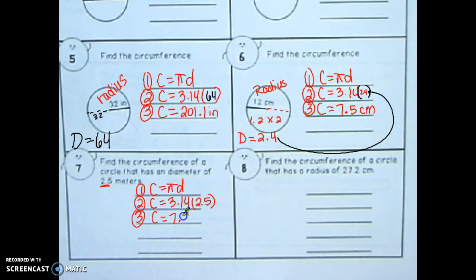Circumference equals 7.9 meters. Number 8, find the circumference of a circle that has a radius of 27.2. Step 1, write down the formula. Step 2, plug in the appropriate, correct values. This is saying radius, so I have to multiply 27.2 times 2.